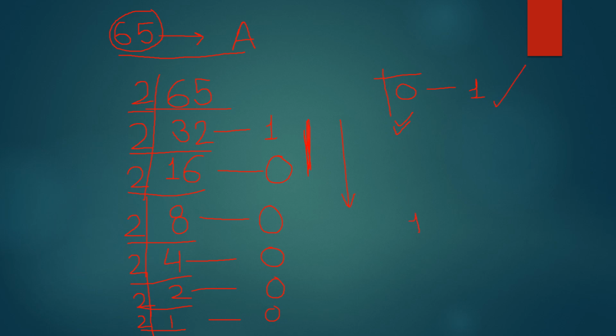So first of all we will write here 1, second is 0, then third is 0, then fourth is again 0, fifth is again 0, and sixth is again 0, and then finally 1 again. Okay, so 1 2 3 and 4 and then 5. So here we have our binary number.